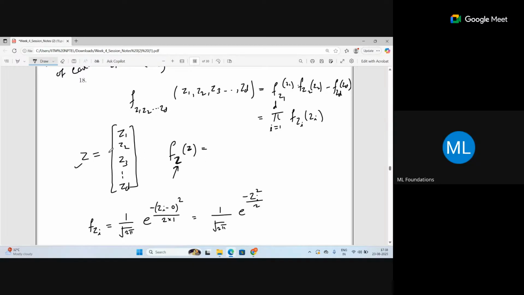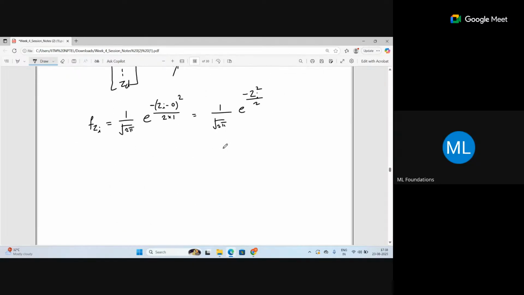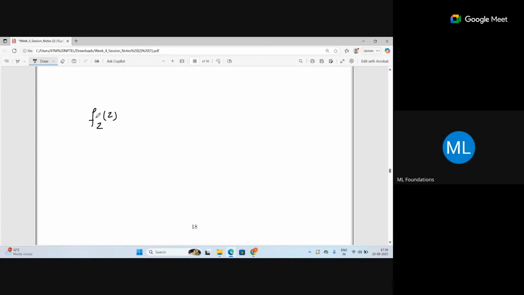So when I wanted to write the joint density of this vector, what will that be? It will be f z of z. When I refer to this z, that is a vector containing all of these z1, z2 up to zd, all d variables, right? So this is what the multivariate normal will look like.